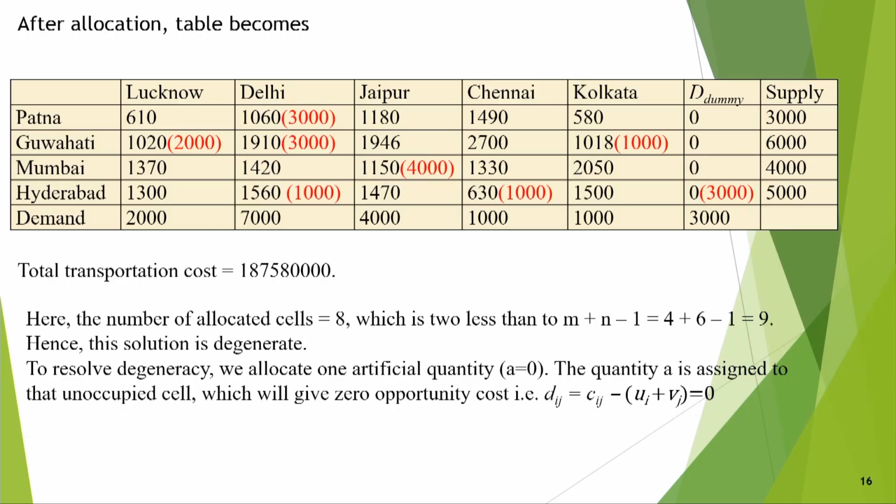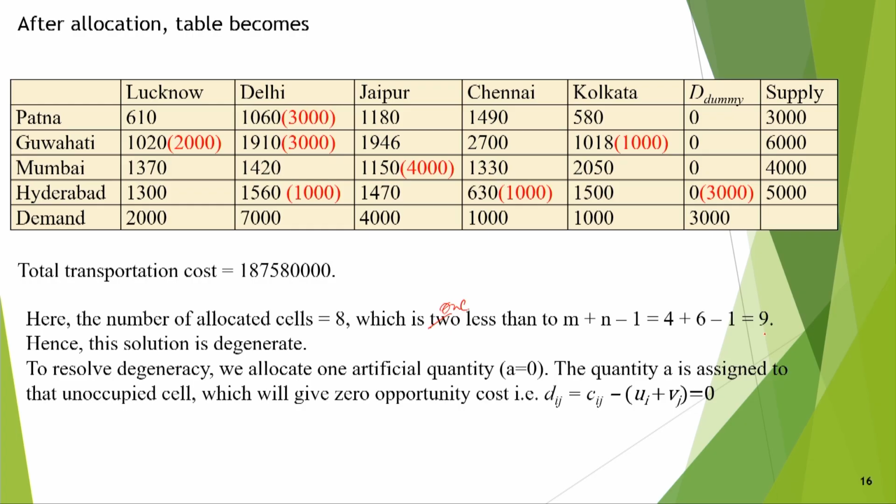So we have done like this. The total transportation cost has come down, but now the number of allocated cells is only 8, which is 1 less than the 9 I need.